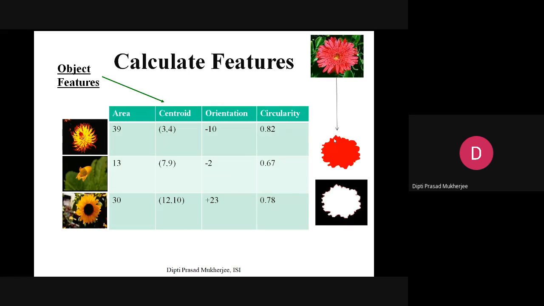So you compare those features. By comparing, we mean finding the distance between the area of flower 1 and the area of the unknown, and the distance between the centroid of flower 1 and the centroid of the unknown. So like that, you calculate the distances. So for 3 flowers in your database, how many total distances should you be able to calculate?